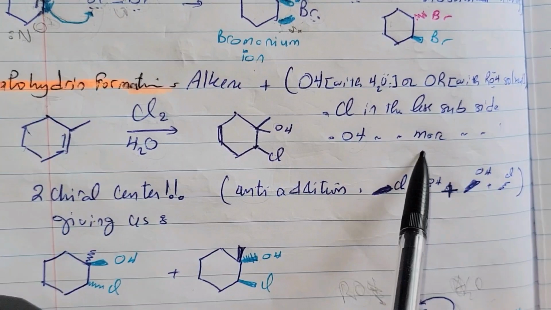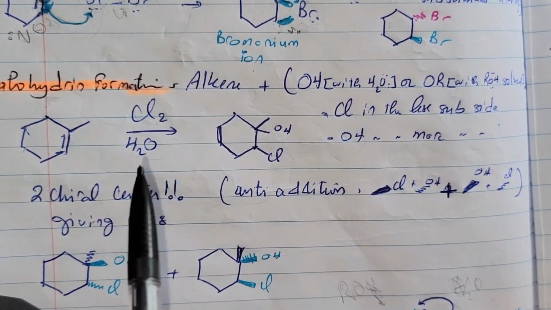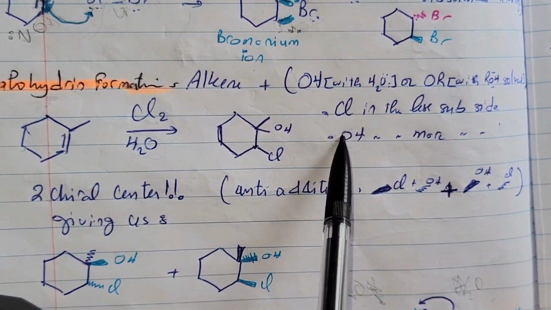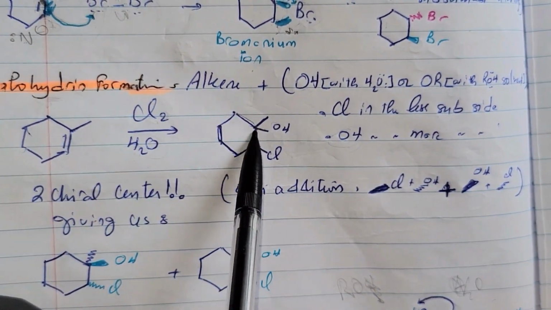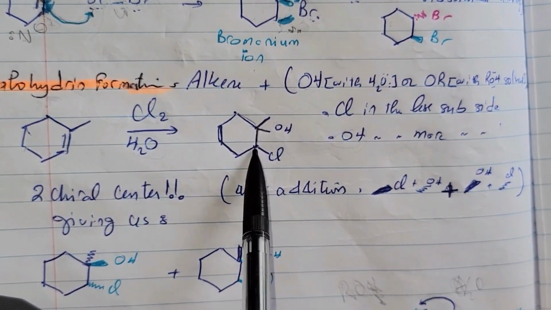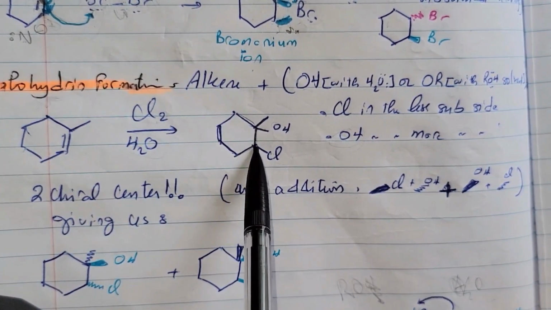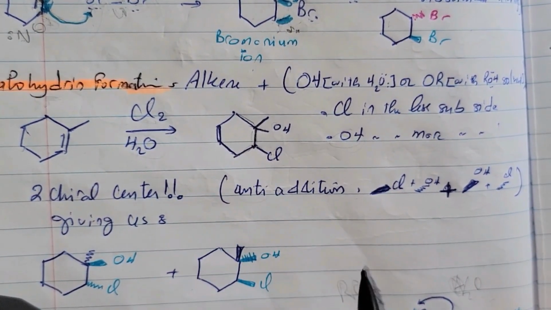It's not Markovnikov's rule, but this is the rule. The OH is always placed on the most substituted side, like here it's a tertiary carbon, and the chlorine is placed on the less substituted side. Here we have a secondary carbon.